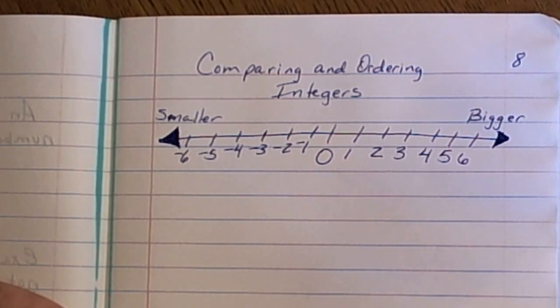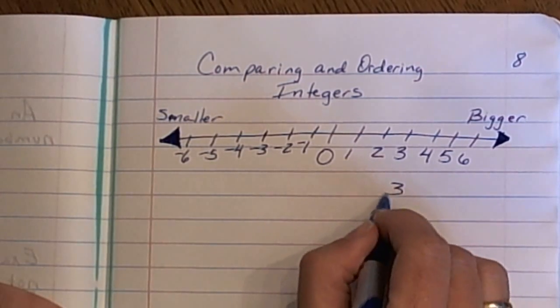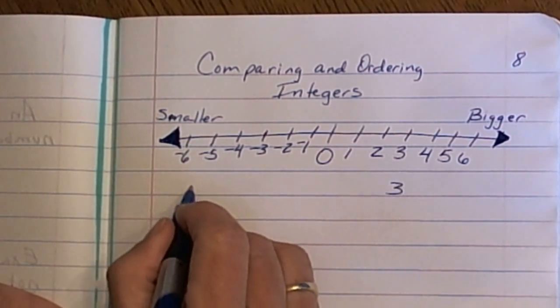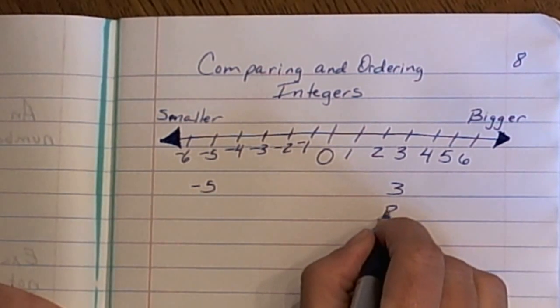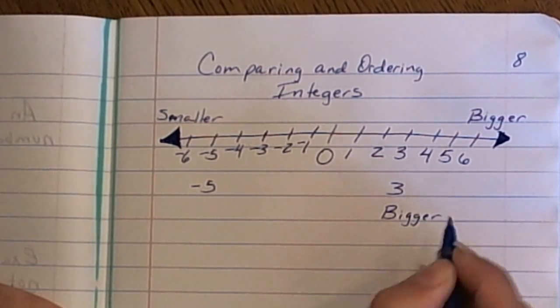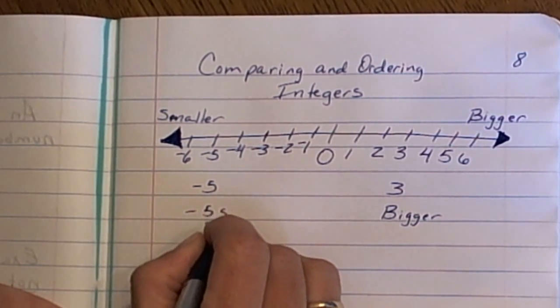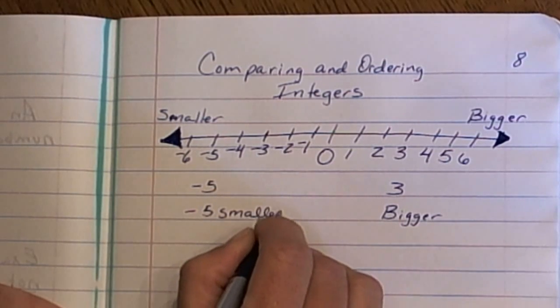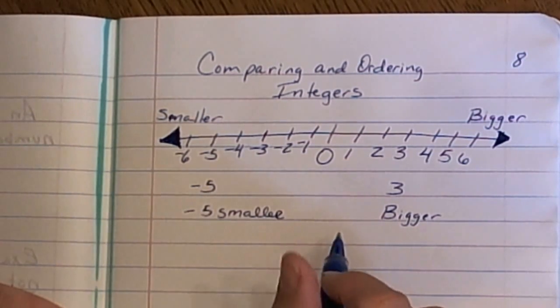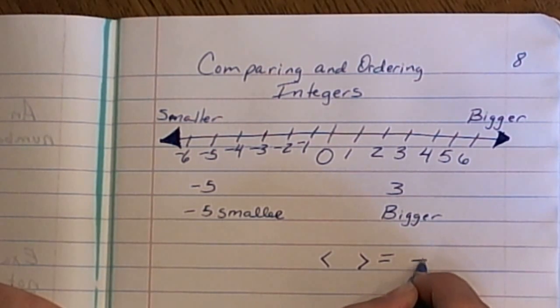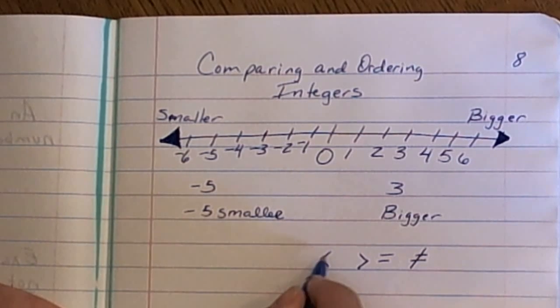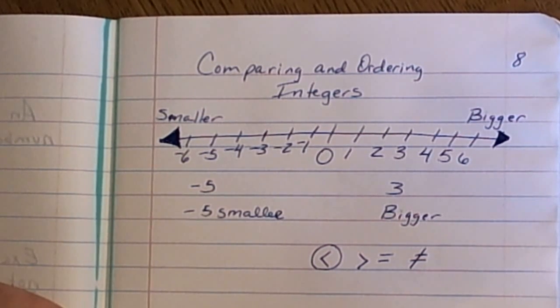So when we start comparing these, if I say, is 3 bigger or smaller than -5, it makes sense that 3 is bigger than -5. -5 is smaller, right? So when we start comparing that with signs that look like this, you have to use this sign right here, because that's the sign that will show you that 3 is bigger.